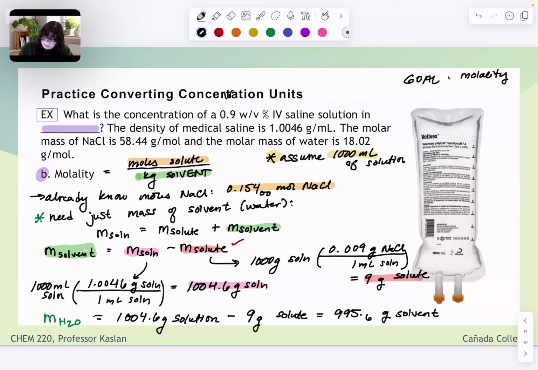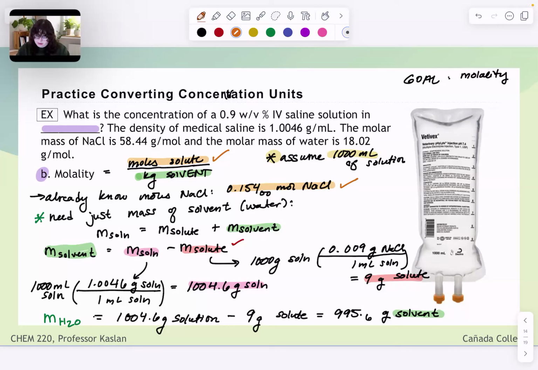So good, I've got something that relates to my solvent. And now the question is, if I look back at my molality, do I have my units straight? So I have my moles of solute. And I do have a mass of solvent.